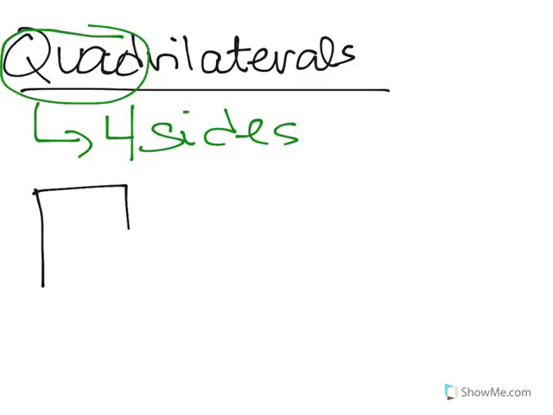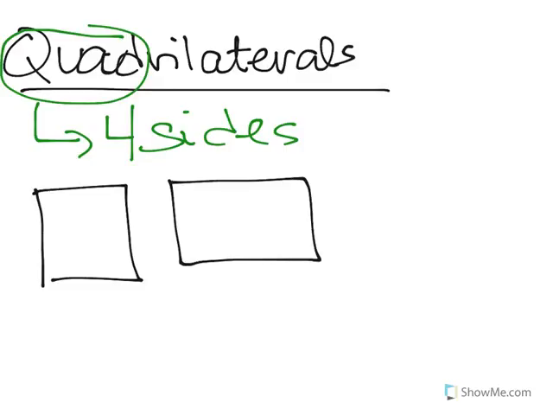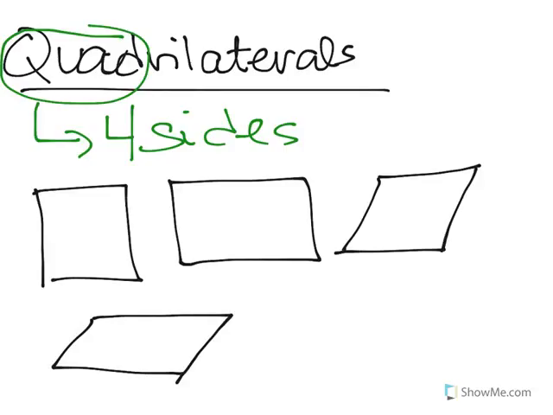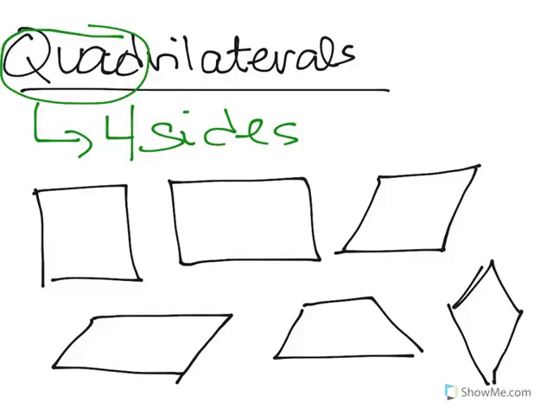You have a square, a rectangle, a rhombus, a parallelogram, a trapezoid, and a lovely kite. Those are shapes that have four sides that are quadrilaterals. So let's look at what makes them that shape.